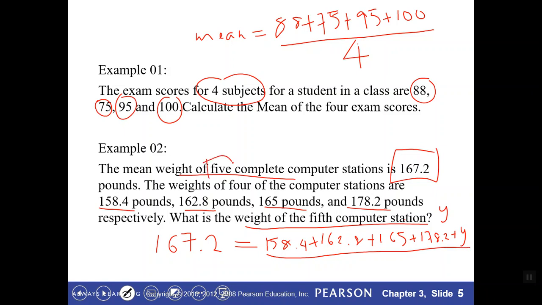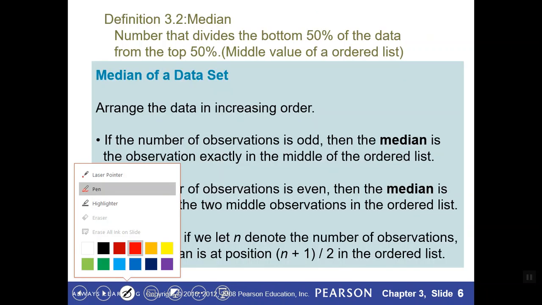There are 5 computers, so divide by 5. When you solve this, you should be able to get the value for y, the weight of the fifth computer.